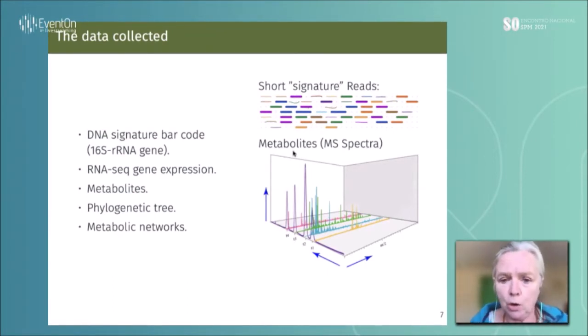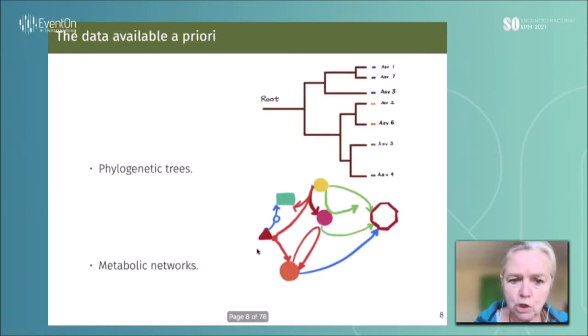We can measure what metabolites, what chemical components are present in the sample. And this is measured with what we call MS spectra, which are represented here. We also have data which are a priori data.